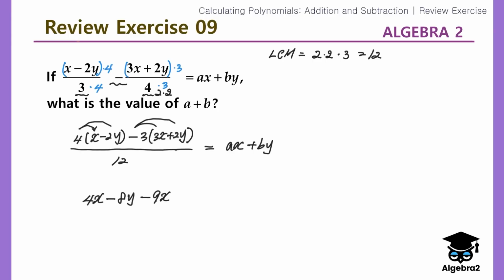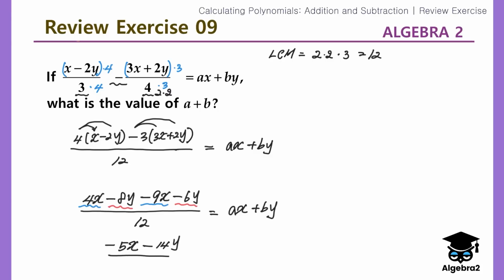Minus 3 times 2y, that's minus 6y. Over 12 is equal to ax plus by, right? Like terms, we have 4x minus 9x, that's minus 5x, and minus 8y minus 6y, that's minus 14y, over 12 is equal to ax plus by, right?